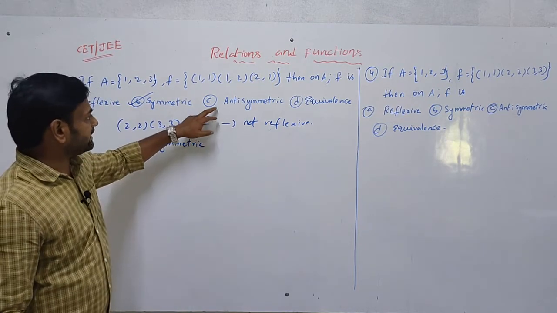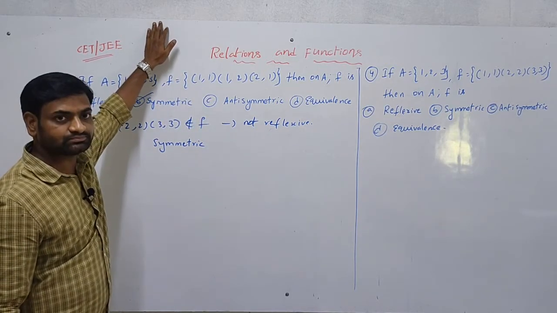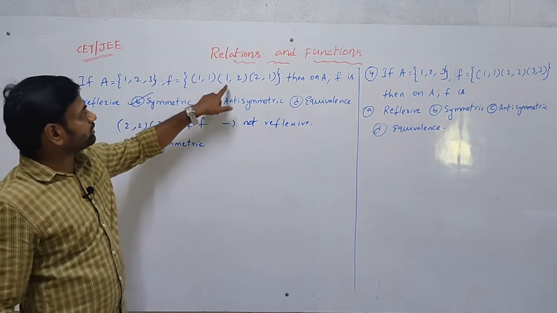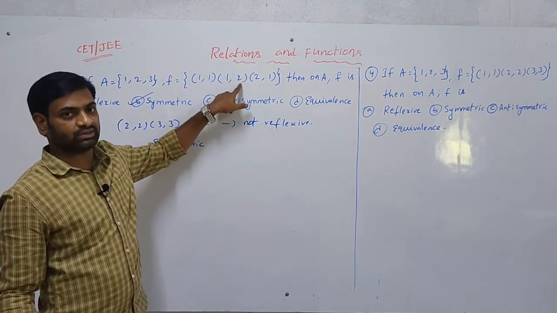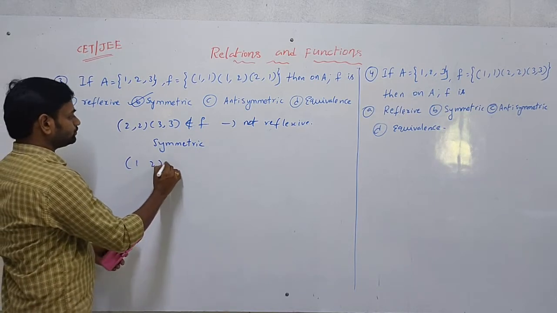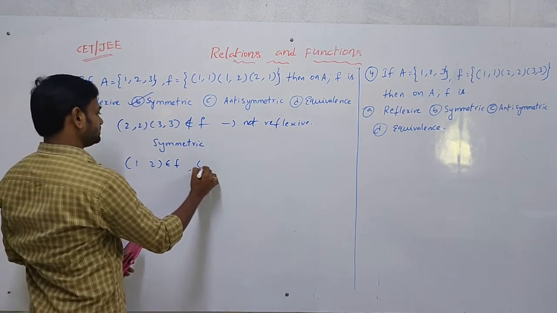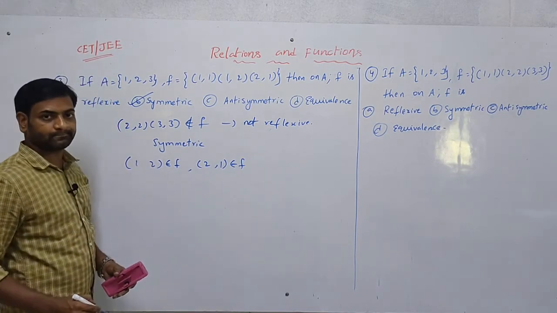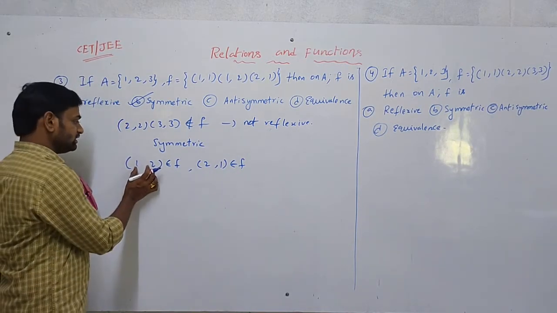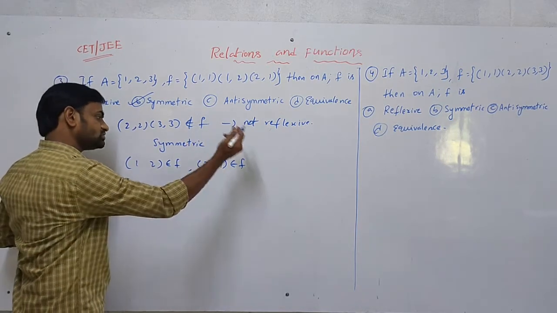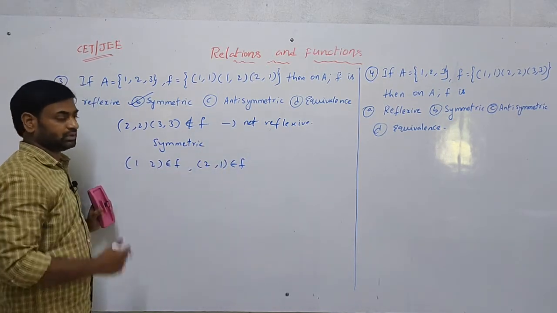Next, we can check antisymmetric here. Take (1, 2), which belongs to R, correct? (2, 1) also belongs to R. What is the condition? If (a, b) belongs to R and (b, a) belongs to R, then a equals b.